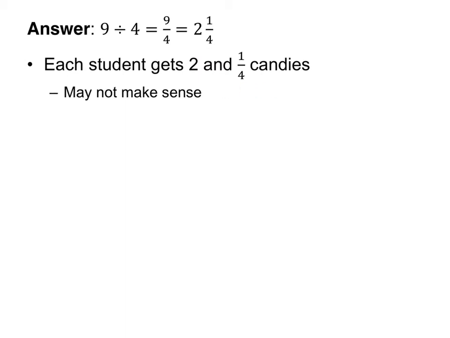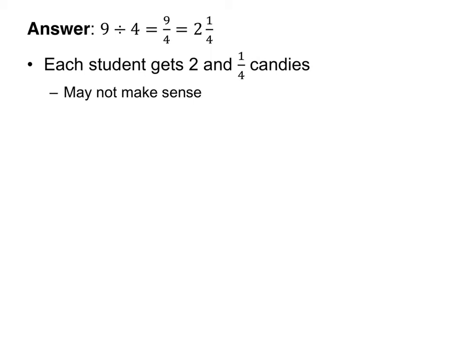Now, depending on the situation, that answer may or may not make sense, specifically the fraction of a candy. If my candies are, say, big Snickers bars, 1/4 of a candy means I need to take one Snickers bar, divide it up into 4 equal pieces, and then each student would get one of those pieces.